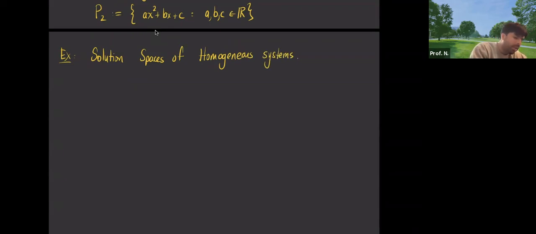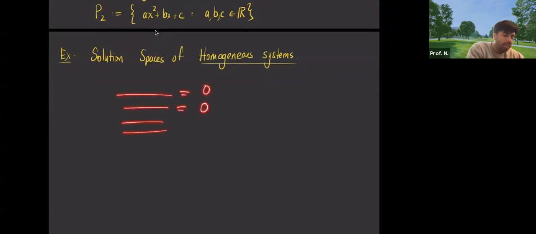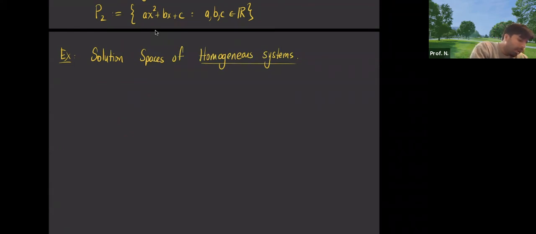So what is a homogeneous system again? Remember, it's a system where all the equations equal 0, right? And we can treat this as a matrix equation, AX equals 0. So what is a solution space?